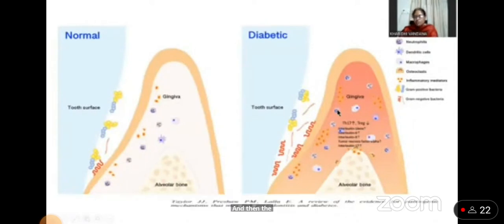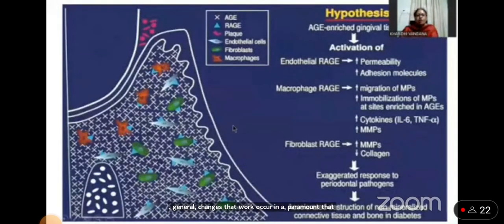These are the general changes that occur in periodontitis patients with diabetes. Also, to go further, the AGE is represented here in the whole of the gingival tissue, and AGE with RAGE, activating endothelial, macrophage and fibroblast cells, can exaggerate the response to periodontal pathogens, resulting in accelerated destruction of the soft tissues and bone in diabetes.